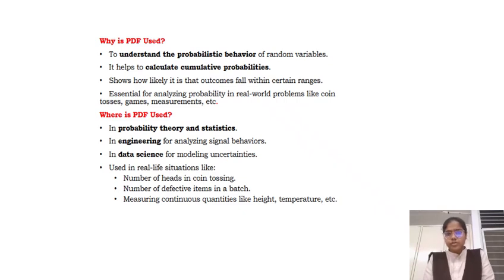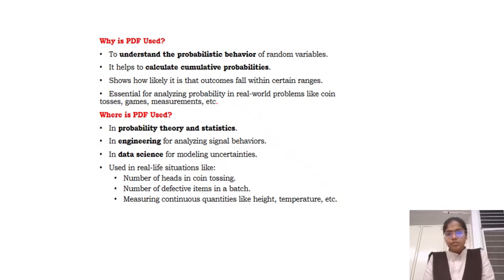Why is PDF used? To understand the probabilistic behavior of a random variable, it helps to calculate cumulative probabilities, and shows how likely it is that outcomes fall within certain ranges. Essentially, for analyzing probability in real world problems like coin tosses, games, measurements, etc. Where is PDF used?